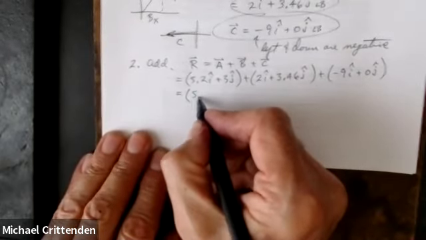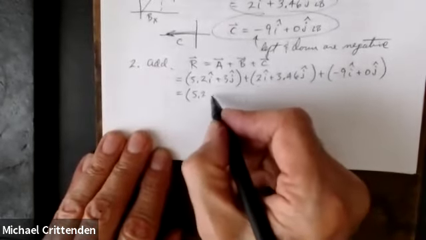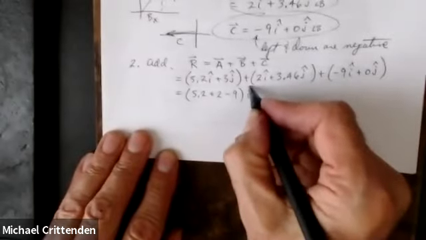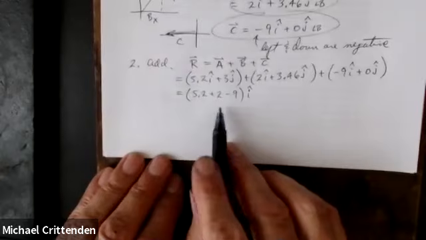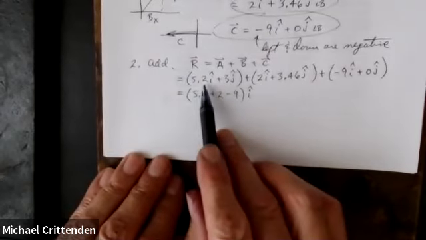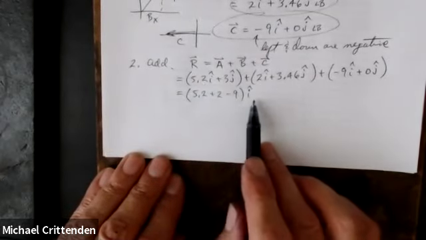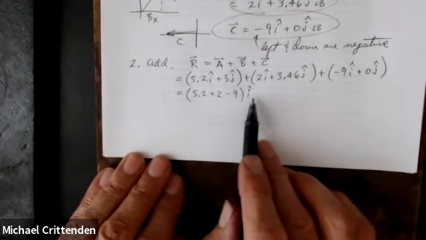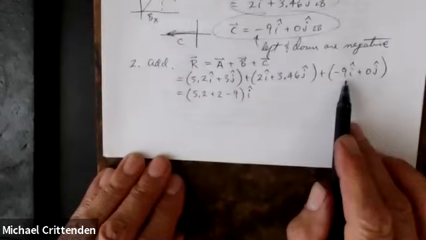So 5.2 plus 2 minus 9. Okay, so distributive property. 5.2 times i, like I've got there, 2 times i, like I've got there, and minus 9 times i, like I've got there.